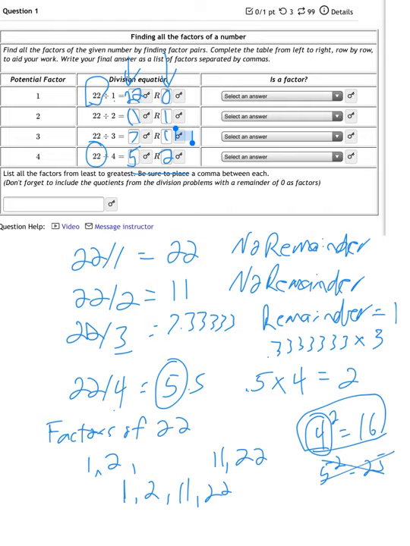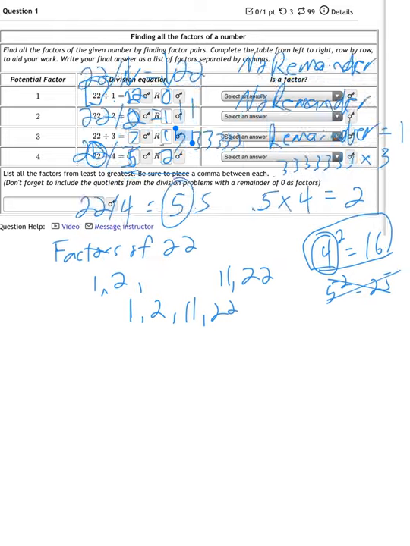Now, when you have another problem, and I'm sorry this is going to look a little weird up here, let's say we're doing 17, and we want to do the same thing. When you go through and do all the divisions, 17 divided by 1 is 17 with a remainder of 0.